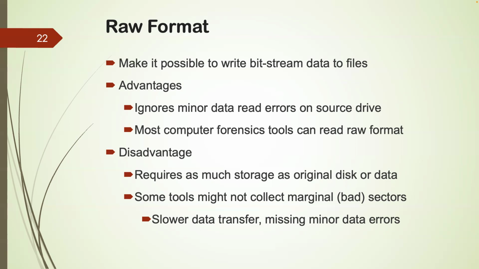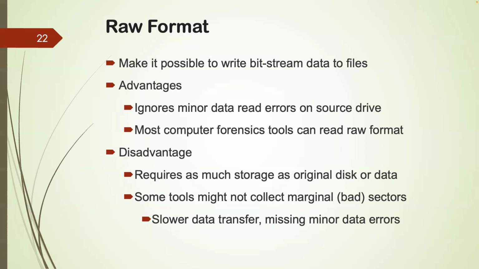The disadvantage is first that since you are doing a bit-by-bit copy, you will need at least the same amount of empty space on the hard drive in which you want to make the copy, or it should be bigger than the suspect's drive. So space is one issue, it requires a lot of space. The other thing is that some tools might not be able to ignore the minor errors.